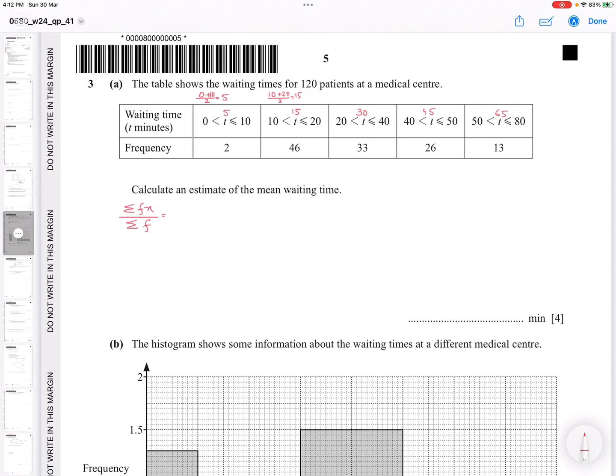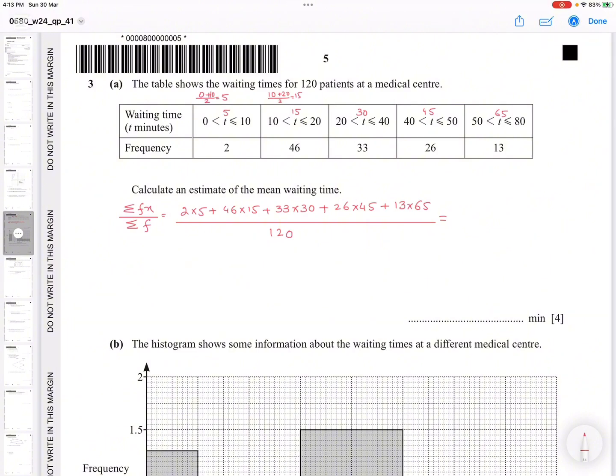So f times x: 2 times 5 plus 46 times 15 plus 33 times 30 plus 26 times 45 plus 13 times 65, whole over the sum of frequencies: 2 plus 46 plus 33 plus 26 plus 13, which is equal to 120, already given at the beginning of the question.